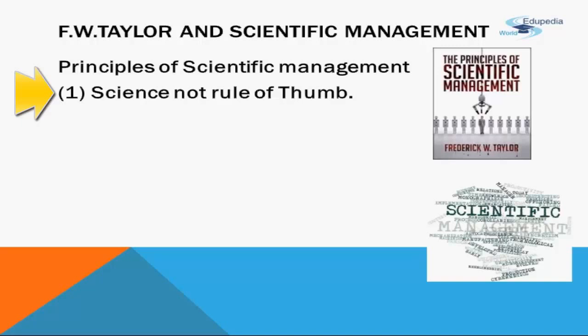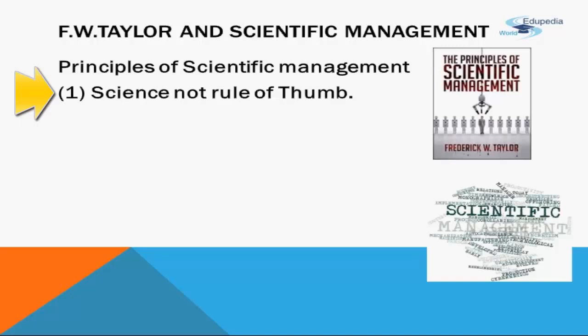This principle says that we should not get stuck in a set routine with the old techniques of doing work. Rather, we should be constantly experimenting to develop new techniques which make the work much simpler, easier and quicker. Under this principle, the method so developed should substitute rule of thumb throughout the organization.